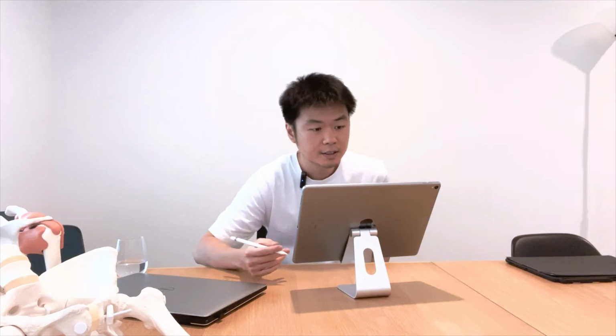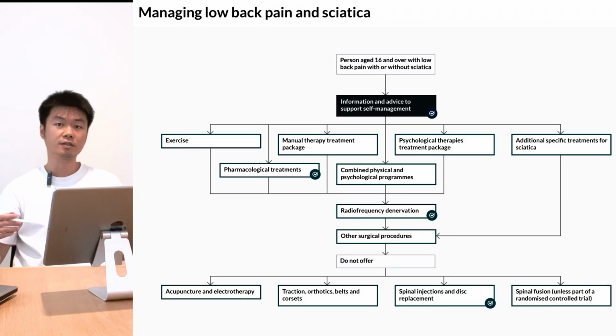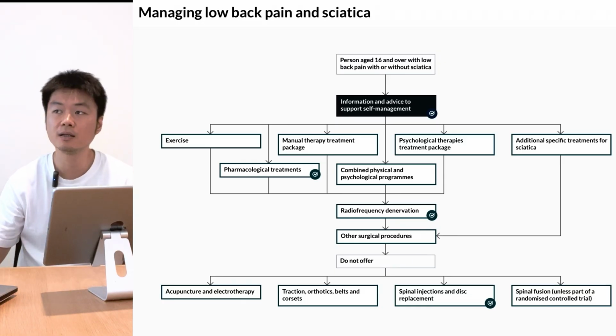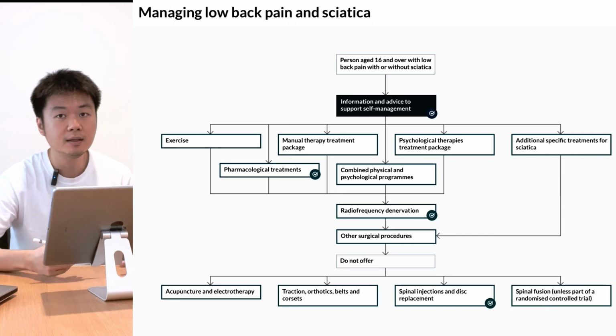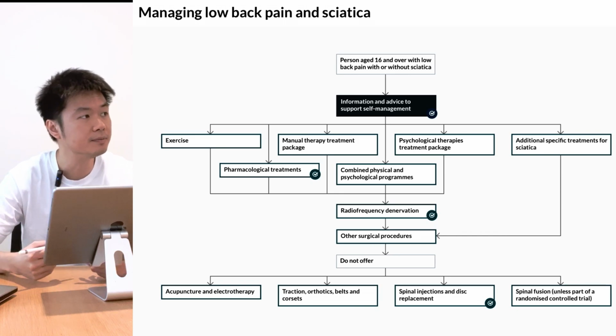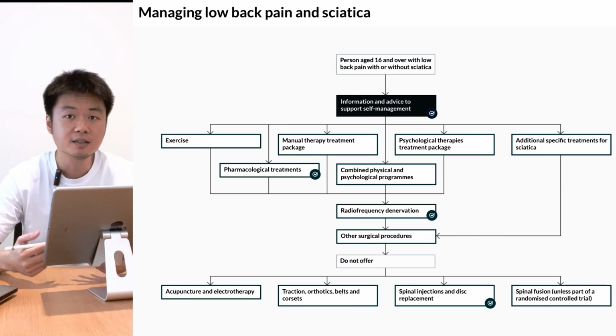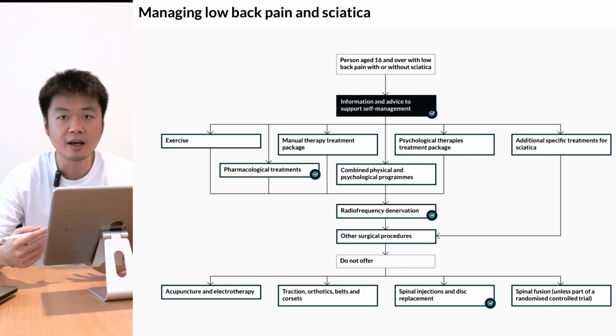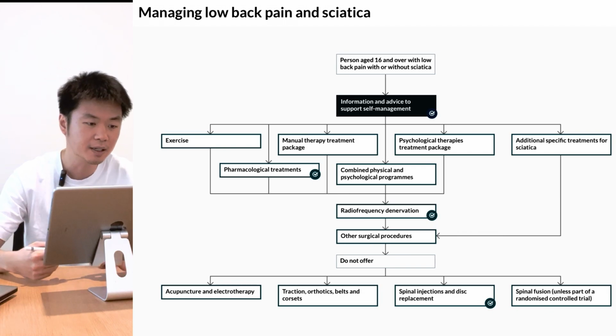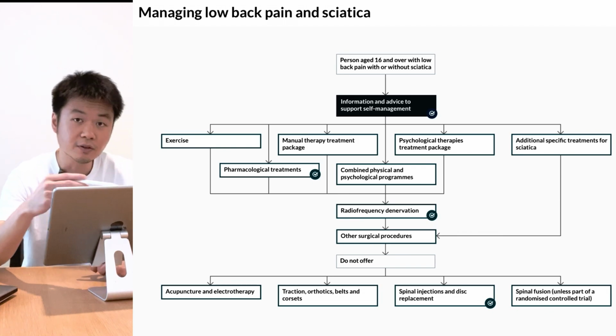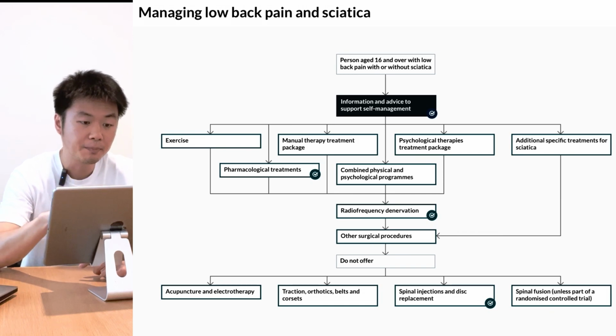Now to summarize, this flow chart is from the NICE guideline, meaning from the UK, NICE meaning National Institute for Health and Care Excellence, something like that. This is the flow chart for managing low back pain and sciatica.